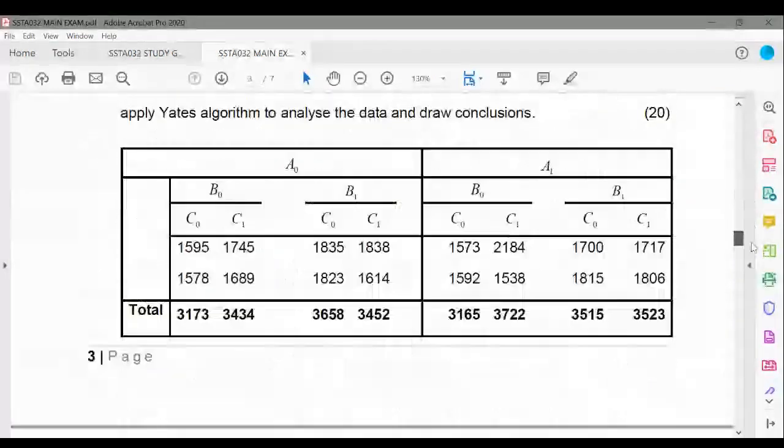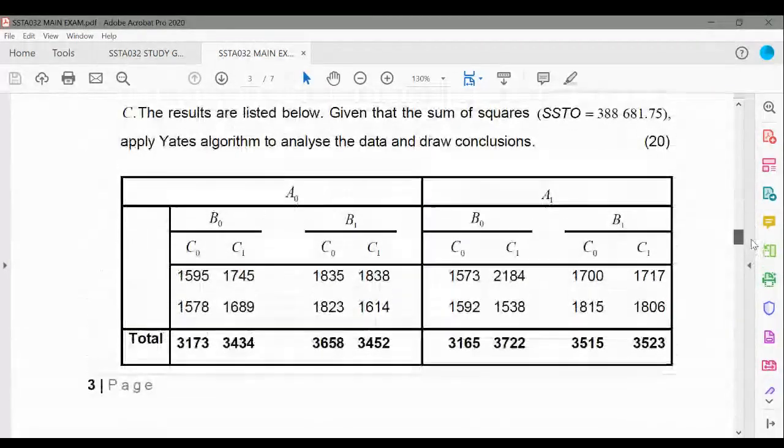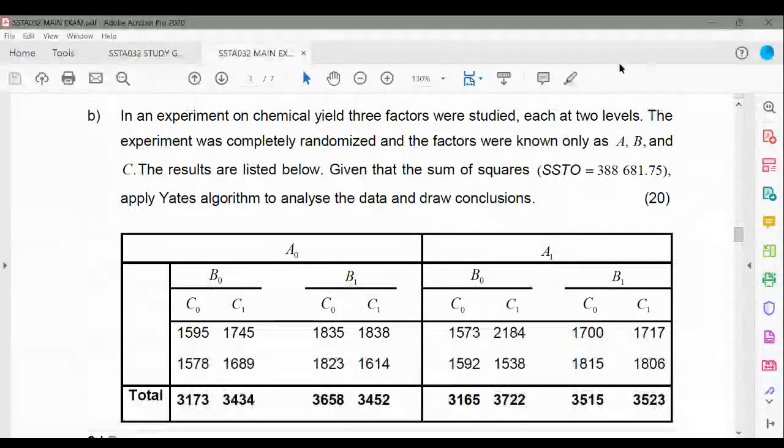Looking at this question, guys, you can see that we have 3 factors, only A, B, and C. But remember, in the morning, I said something about neutral, A, B, C, and so forth.